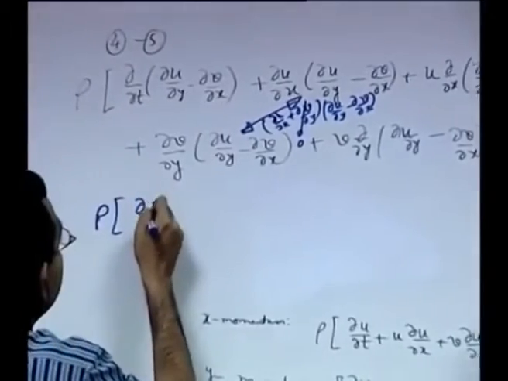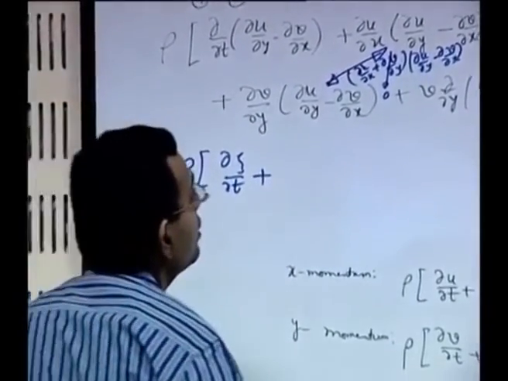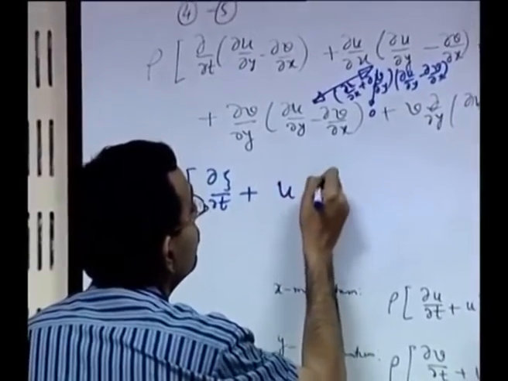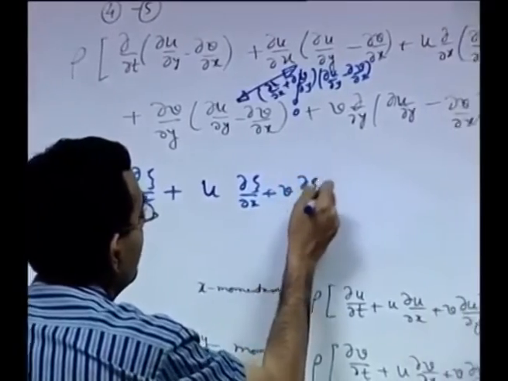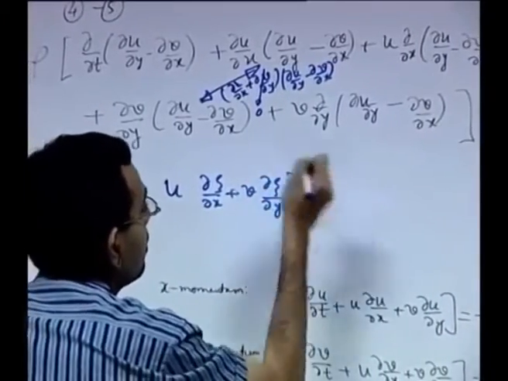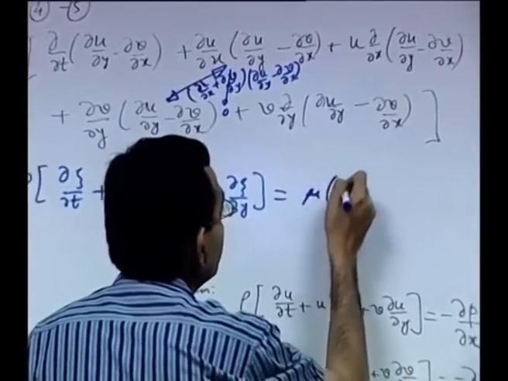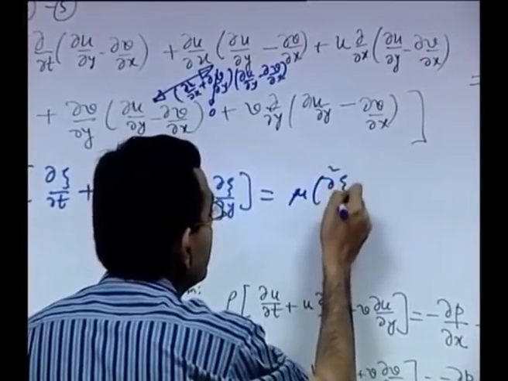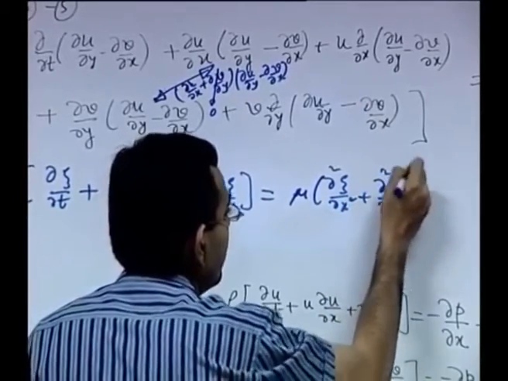So, it becomes rho del zeta del t plus u del zeta del x plus v del zeta del y is equal to mu del 2 zeta del x 2 plus del 2 zeta del y 2.